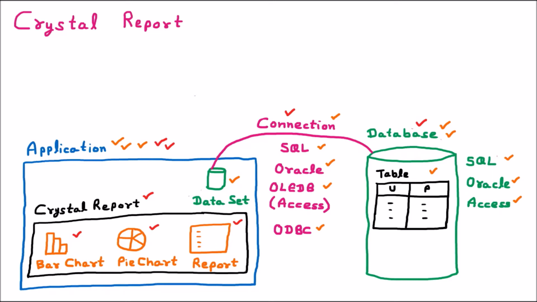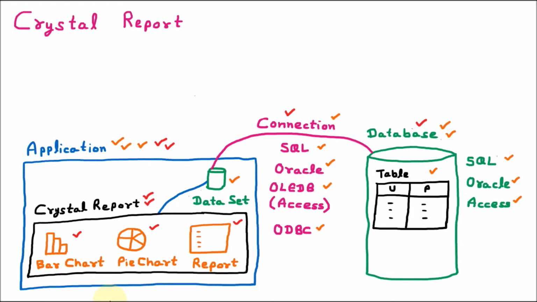So for that we need the crystal report. In the same way, this crystal report will be connected with the data set using the data connection. So from the database directly inside our .NET, we can show the report, which is called the crystal report.